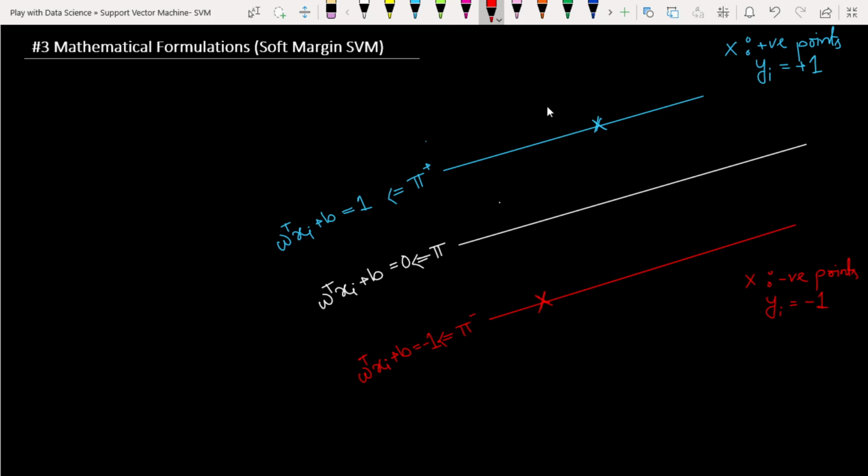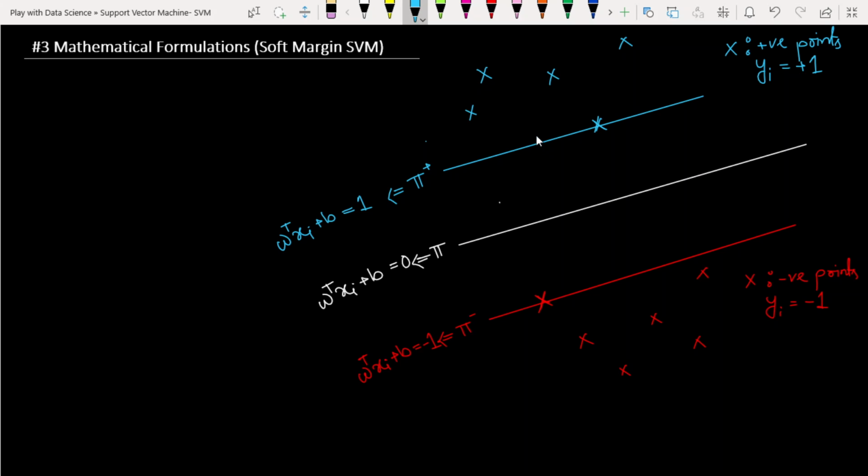This kind of point is a positive non-support vector, and these ones are negative non-support vectors. Here I am also using positive misclassified points.